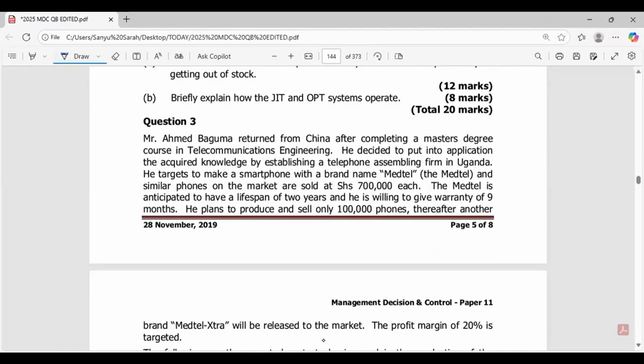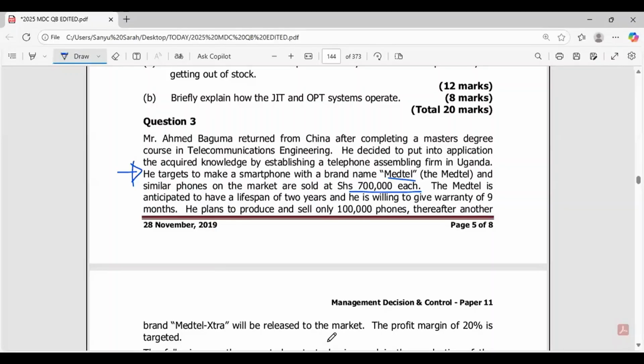They told you here in the first paragraph that he targets to make a smartphone with the brand name Medtel, and similar phones on the market are sold at 700,000 each.